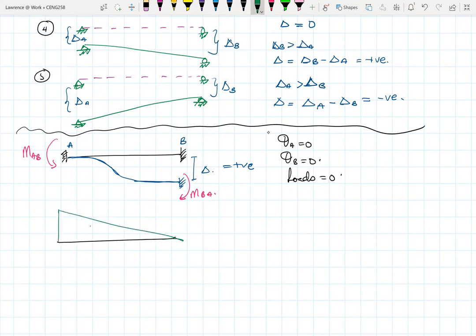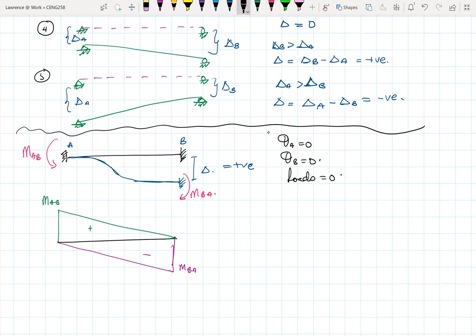This is positive, and this is MAB, and then down here we have the negative, which is MBA. This is based on what we've done already, the same approach we used. Then once we get the bending moment, we can load the bending moment onto the M over EI diagram.